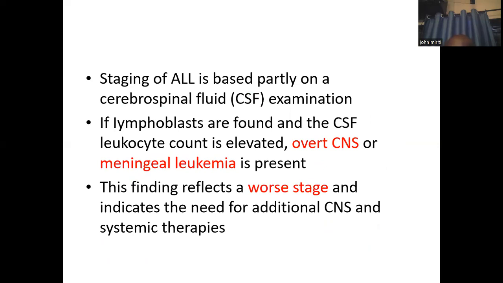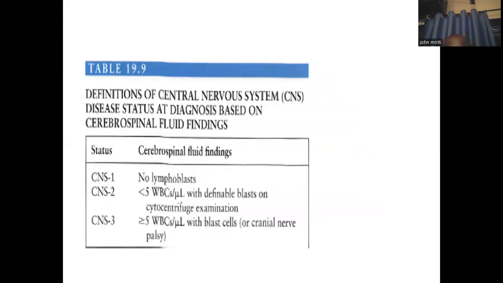If lymphoblasts are found in the CSF, leukocytosis is relevant and overt CNS or meningeal leukemia is present. These findings reflect a worse stage and indicate the need for additional CNS and systemic therapies when you see leukocytes elevated in the CSF, specifically the lymphoblasts. So the definition of central nervous system disease is based on cerebrospinal fluid findings.